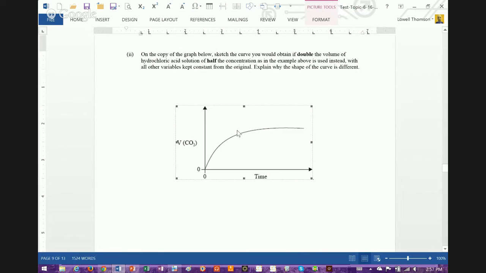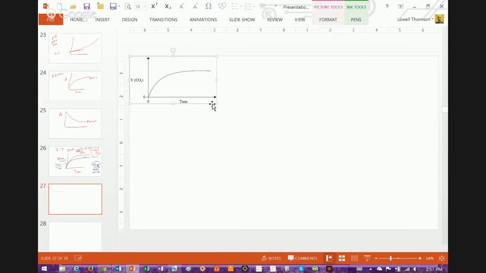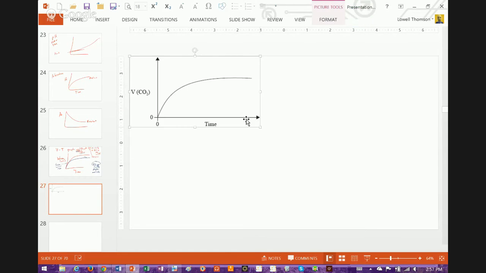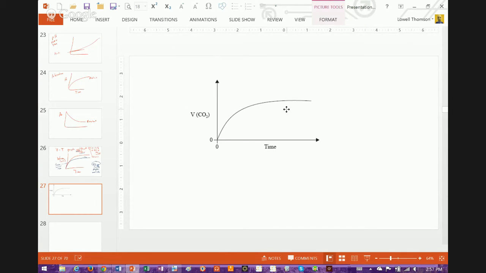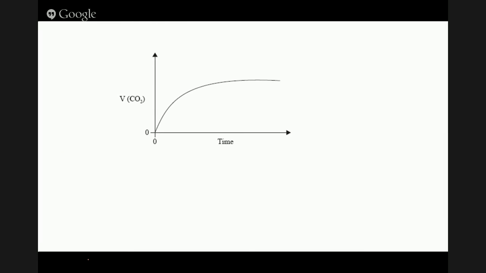So this is the original graph. Okay, so this is 15I, if I remember my numbers correctly, from that test. The question said half the concentration but double the volume. What's the curve going to look like?